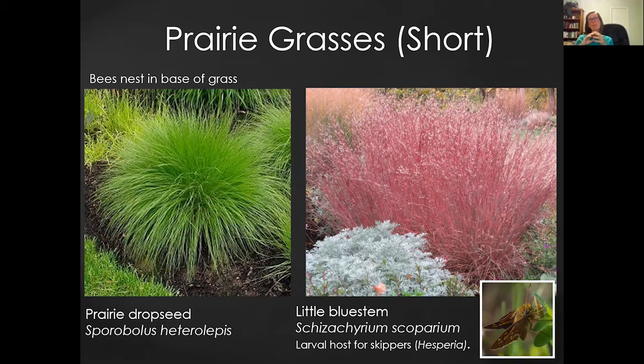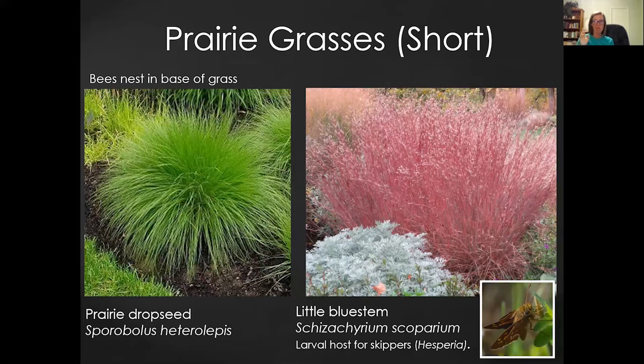They don't have this fine texture to them that the grasses do. And the grasses really balance it out nicely. So ideally, your design is going to have a matrix of grasses throughout it. And these are just 2 different kinds of shorter, generally well-behaved prairie grasses for full sun.